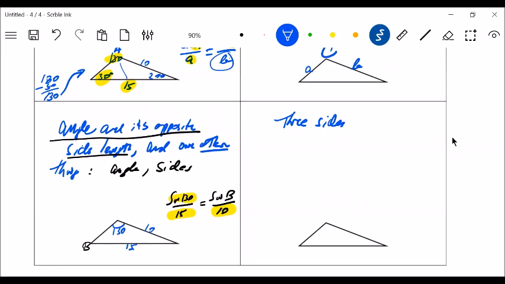If you have three sides, you can actually solve any of the angles. So that would be as if we had A and B and C, or whichever combination, B and C, doesn't matter. And we could then get the angle for any one of them.